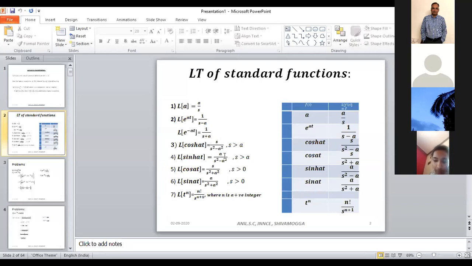Laplace transform of sin hyperbolic at is a divided by s square minus a square, where sin hyperbolic at is e power at minus e power minus at, divided by 2. Laplace transform of cos at is s divided by s square plus a square. Laplace transform of sin at is a divided by s square plus a square. And Laplace transform of t power n is n factorial divided by s power n plus 1.